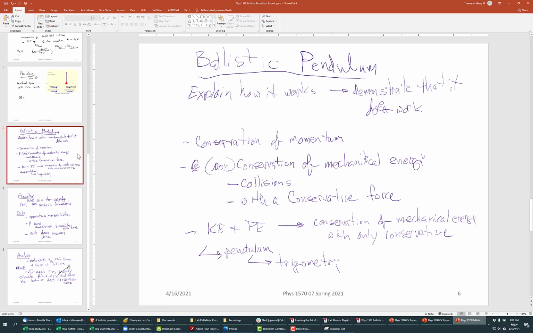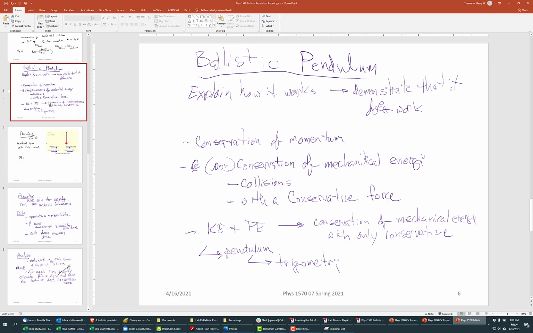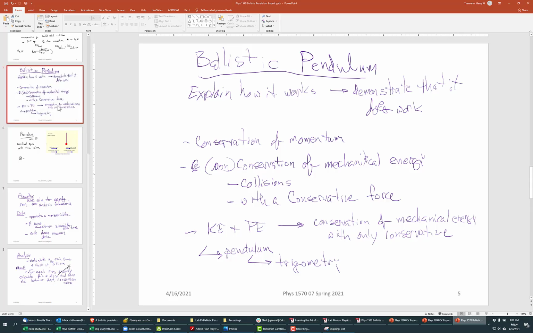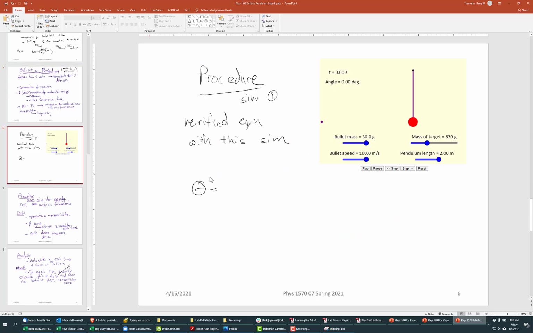These are just notes from class. And then let's just write this, notes from previous class. Okay, so then here we use this sim to test our equation.